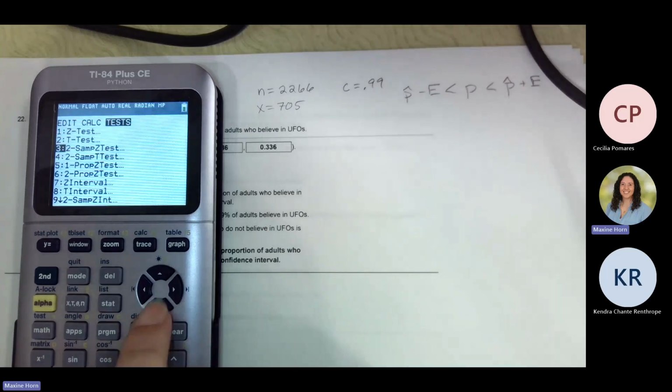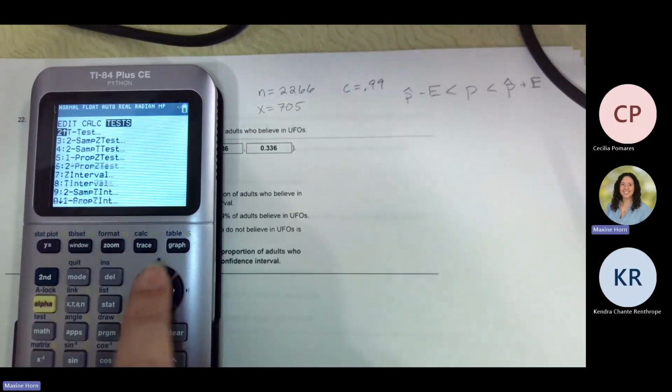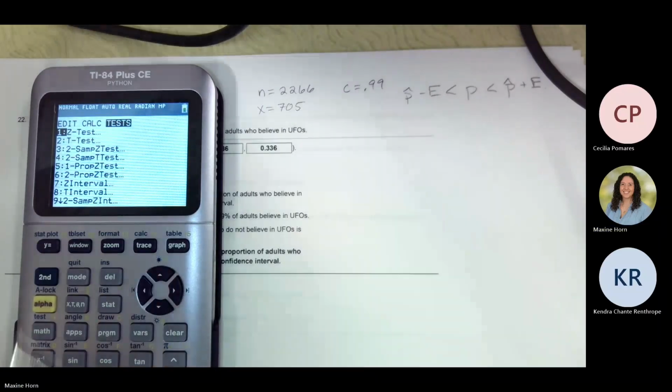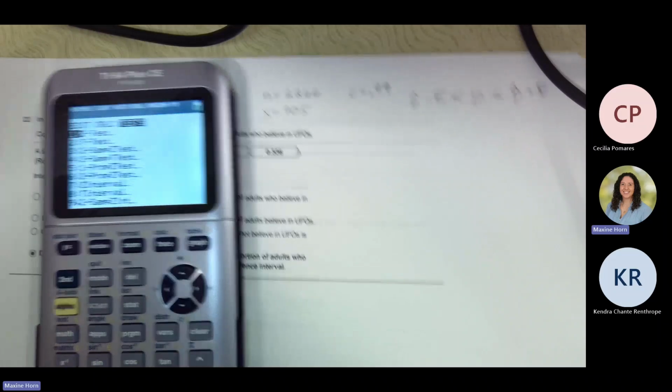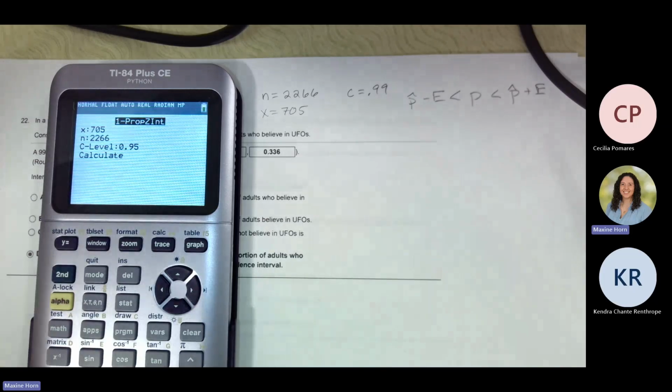I can either arrow down to the A, 1 prop Z int, or if I'm back up here at the top, so I want to do A, which is right here in yellow. The lighting makes it hard to see that, but right here in yellow is A. So kind of like I can do second to do what's above a button, I can do alpha to do the letter above the button. So I'm going to do alpha and then this button because this is where A is above and it goes directly to it.